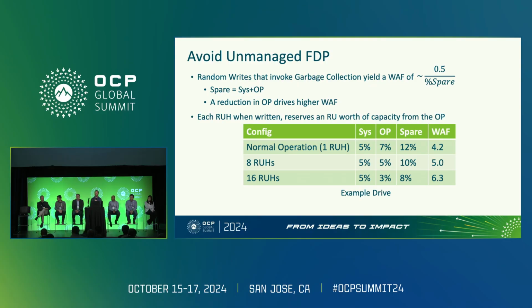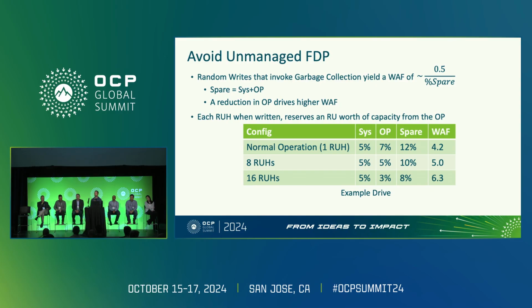So let's explore the relationship between WAF and spare. For spare, I'm calling this the over-provisioning plus the system area. For a full span random write workload, you can calculate WAF to be about 0.5 over % spare. For a typical data center standard endurance drive, we'll typically have about 7% OP, maybe 5% system area, for a total of 12% spare.